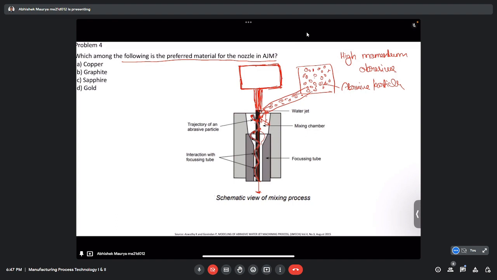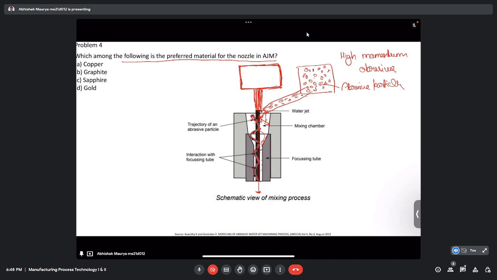Because of this, these abrasive particles will hit the walls of the nozzle many times here. So multiple collisions of abrasive particles take place with the nozzle. And if the nozzle is not made of hard material, what will happen? Wear of the nozzle will take place.